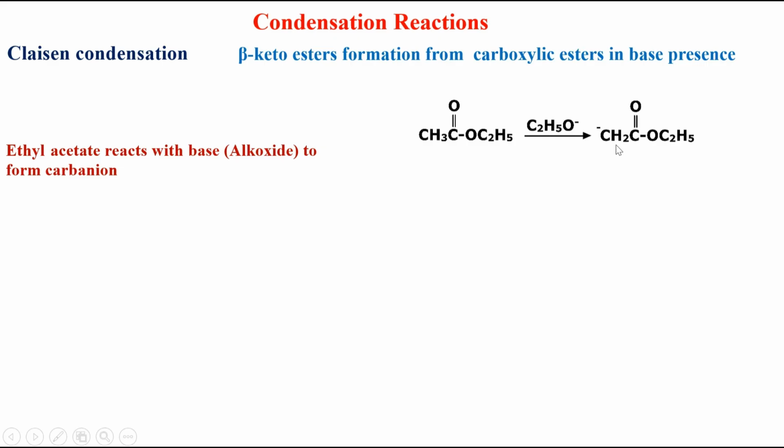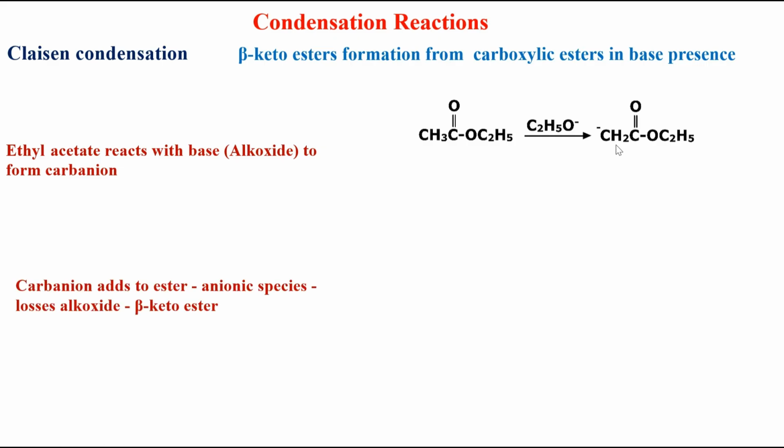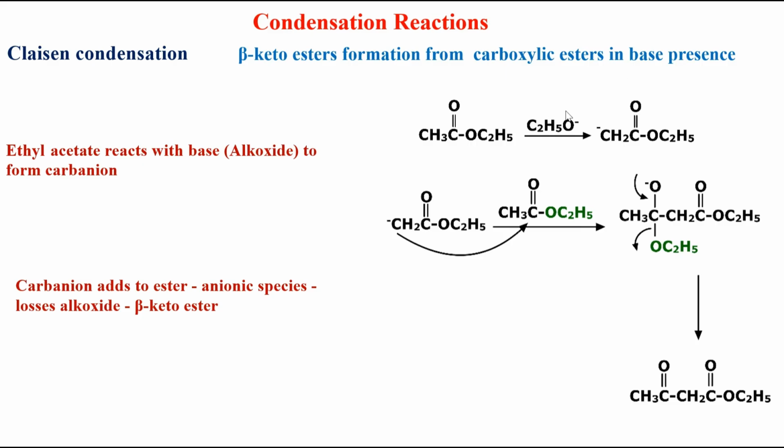As the carbanion is unstable, it reacts onto the carbonyl carbon of another ester. The electron deficient carbonyl carbon is positive. This electron rich carbon forms a bond with the carbonyl carbon. It has to maintain its tetravalency. Pi electrons move onto oxygen. This becomes O minus, and the oxygen anion is unstable.